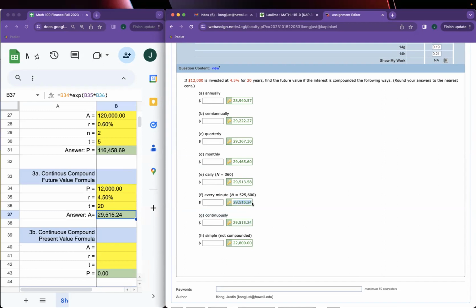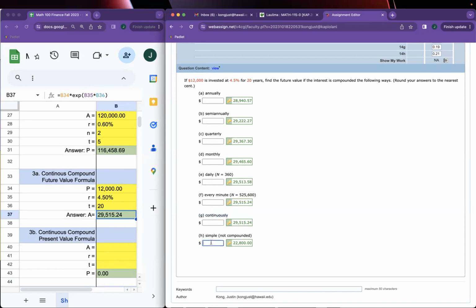Rounding to the nearest cent turns out to be the same either way. Maybe if you look past the cents, you might get a different number, but it's basically saying compounding every minute is just about as good as continuously. Of course, that's for this particular value. You might be off by a few more cents if you had a larger number that was invested.